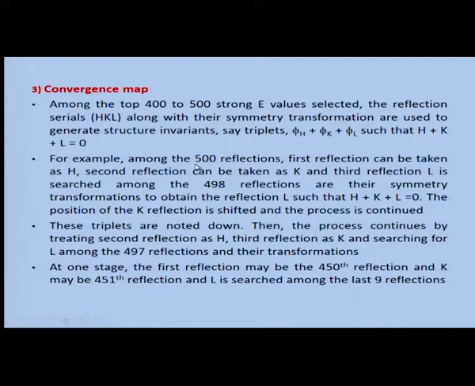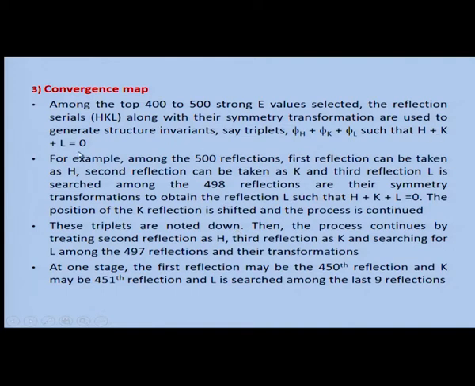So, in the generation the triplets are done, but when you take the top reflection in the beginning, we have more reflections to be scanned for the L reflection. Suppose it is the top 400 to 500, and now you have come to the 400th reflection, from 1 to 400. The remaining reflections are 100 only to look for an L reflection such that H plus K plus L equals 0.